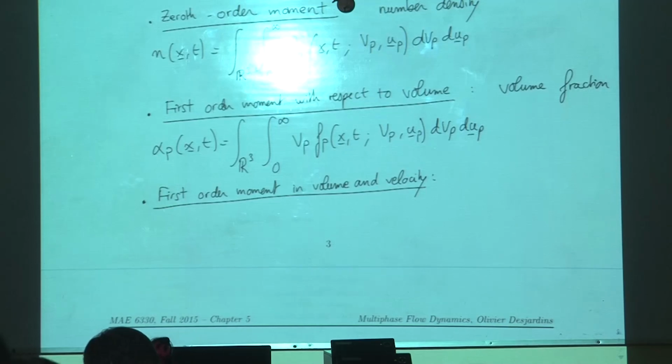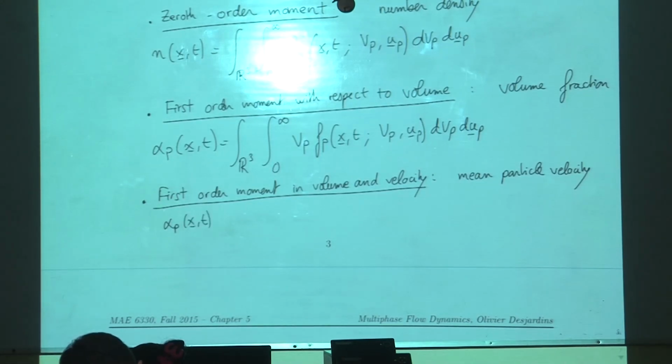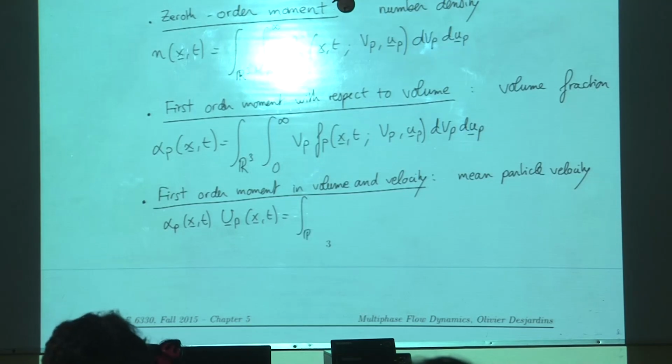So I can extract from that the mean particle velocity. That's going to be alpha p times, let's call that big UP for the mean particle velocity, and that's going to be obtained again the same way. We're going to integrate over R cubed and over all possible volumes.